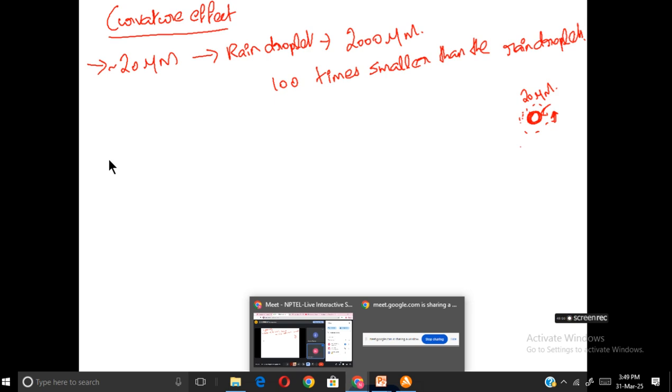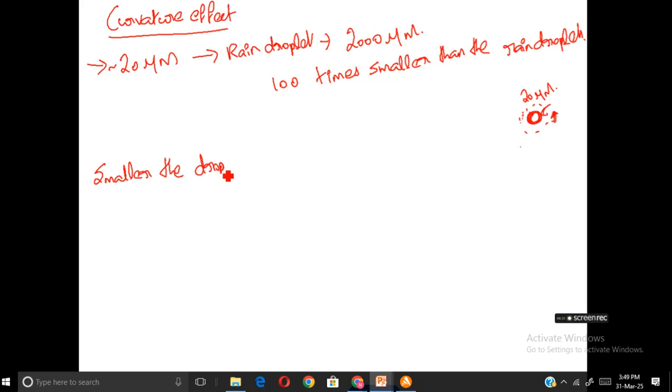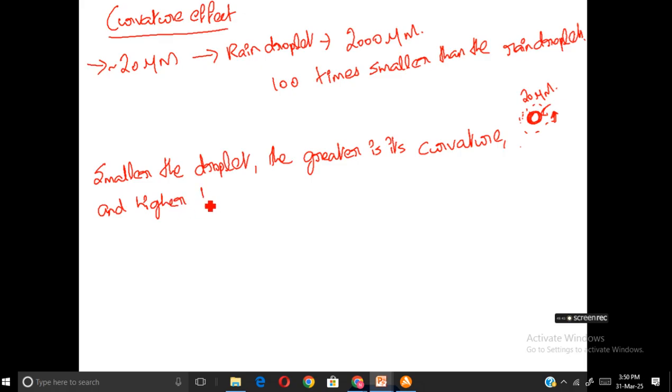So basically the curvature effect means that the smaller the droplet, the greater is its curvature and the higher the supersaturation needed to keep it in equilibrium.